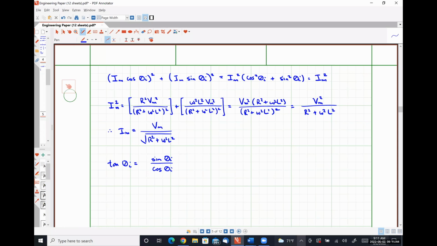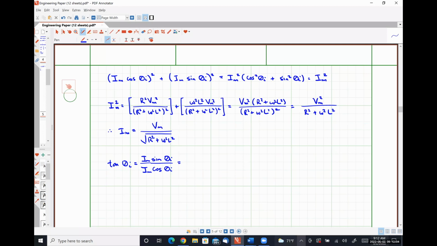Tangent is sine over cosine. Does it change anything at all if I multiply both of those trig functions by Im? No, they'll just cancel each other out, right?